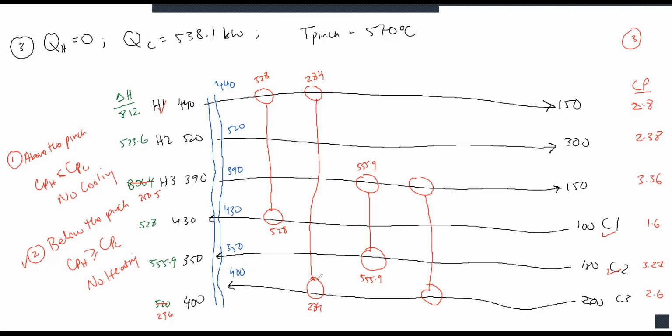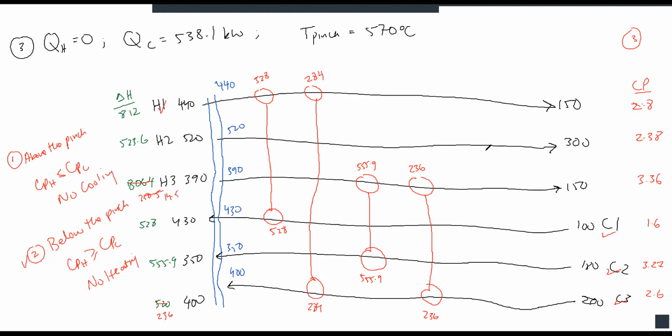C3 requires 236. So I'm going to transfer all the 236 from H3 to C3. This way C3 is done and all my cold streams are done. And for H3, I still have some heat left, right? 250.5 minus 236 is what? 14.5. So I still have some 14.5 left for H3.